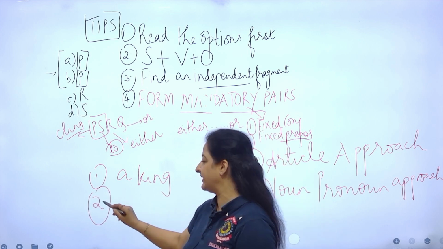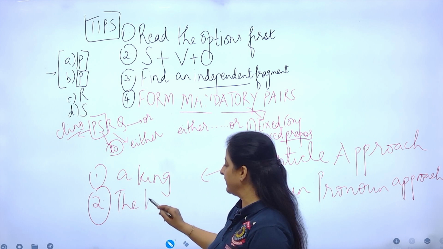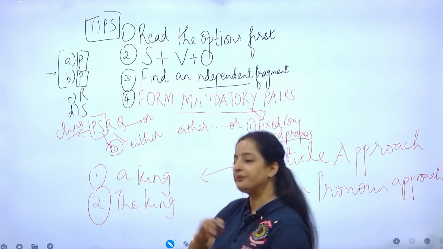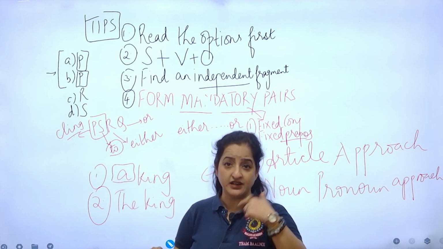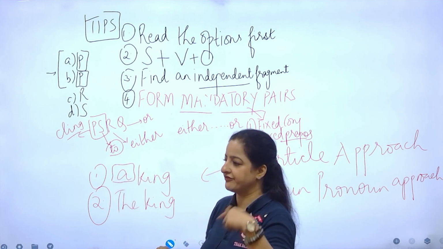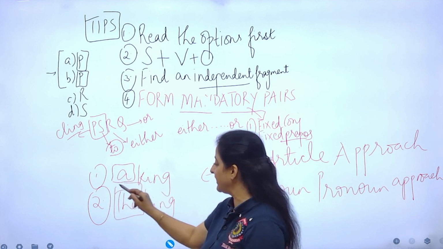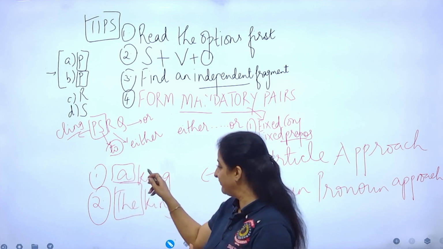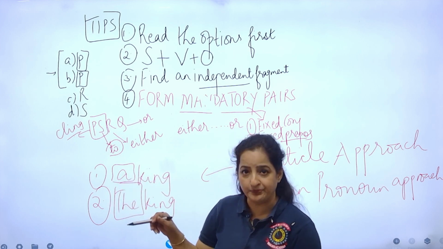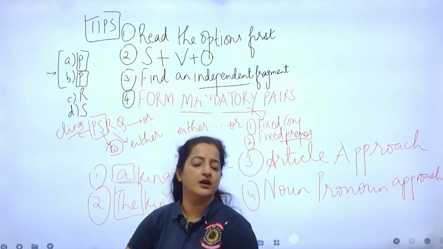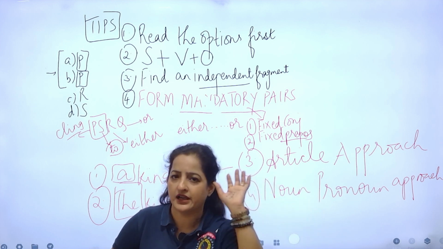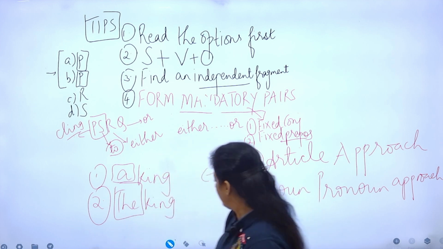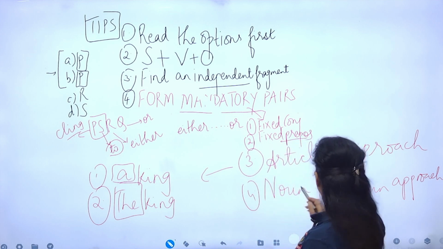I don't say a king, I say the king was a mighty young man. So in the first reference, the general reference, I go for a. Then this one is a particular reference, the king. This king we talked about earlier. So article A will always come before article the. That's how you order. वो वाला fragment पहले आएगा जहाँ article A है. Okay, that's the article approach.